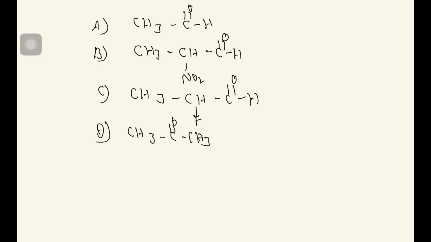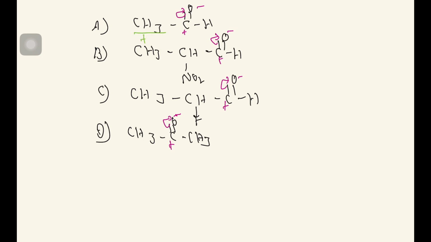So just you can see here which one is more reactive. So at first break this one, negative positive, also here negative positive, break this one negative positive, here negative positive.